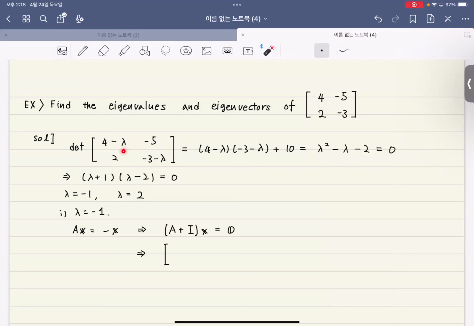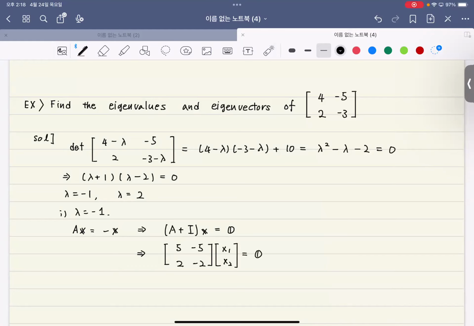Basically, I am plugging in lambda equals minus 1 here and there. Then 5, minus 5, and 2, minus 2. So we want to find a null space element of this matrix.